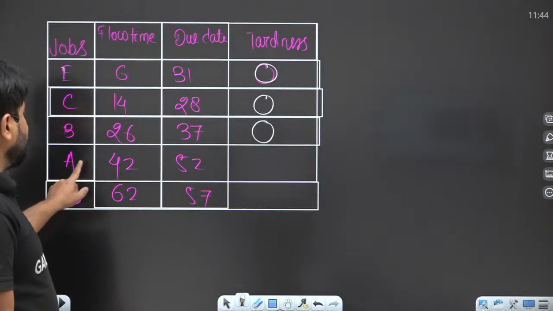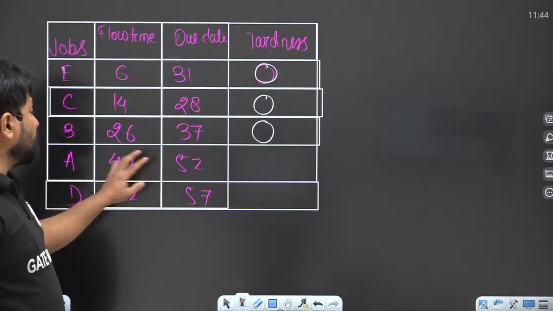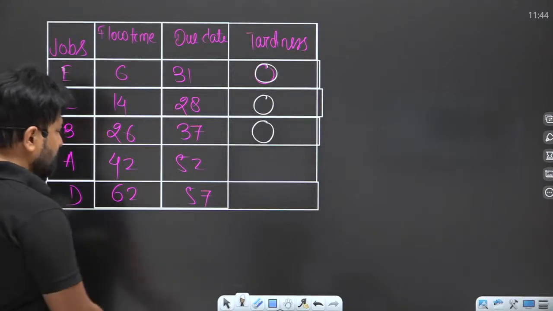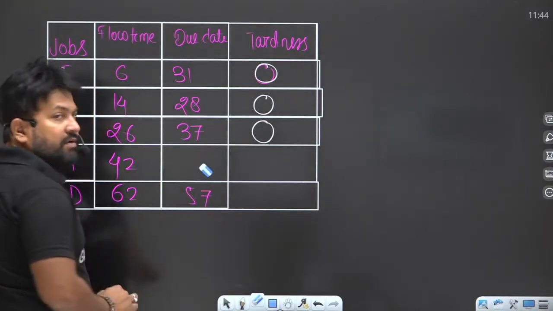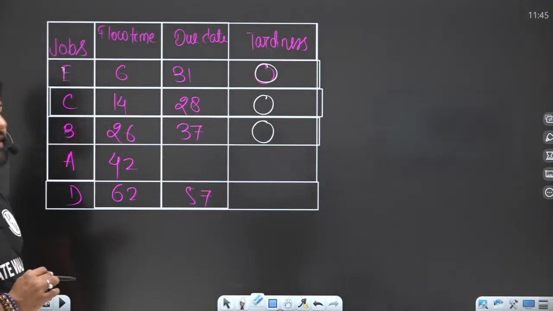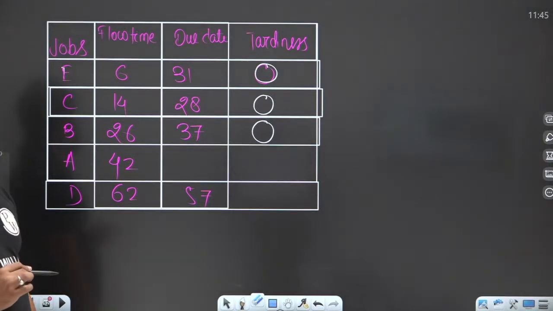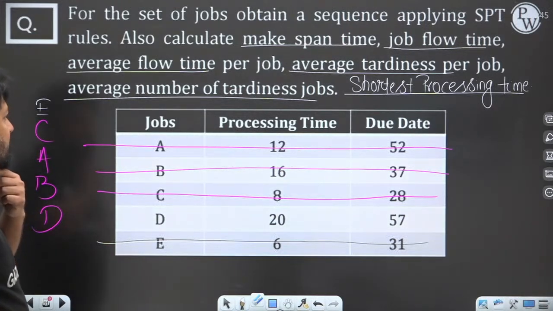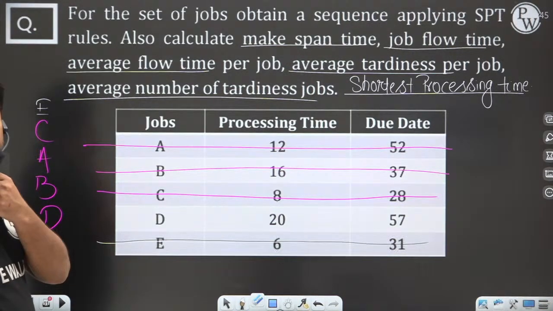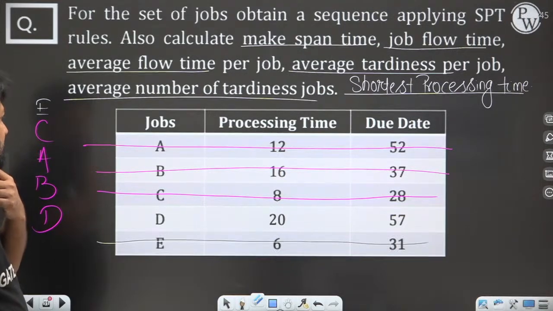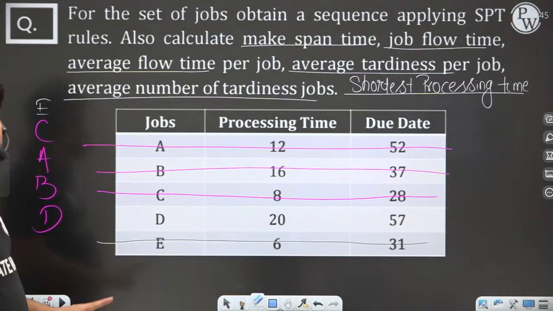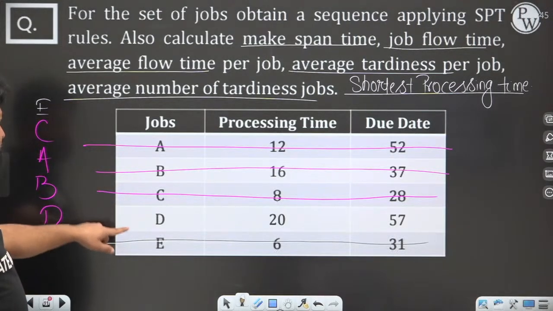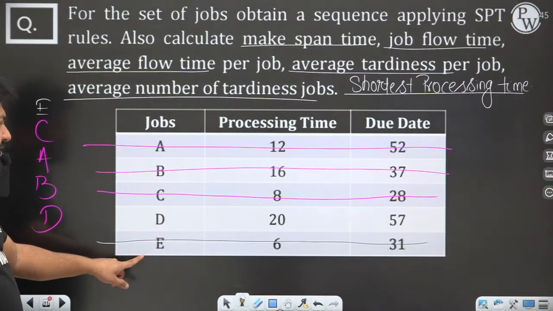Also job A is also completed... I think I have written wrong. 31, 28, 28 and due date of... have I written the right due date? I think due date of E, that is 31.